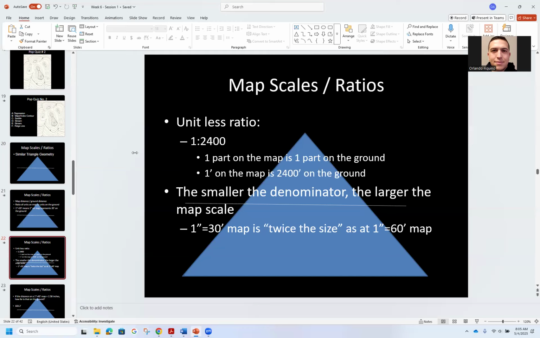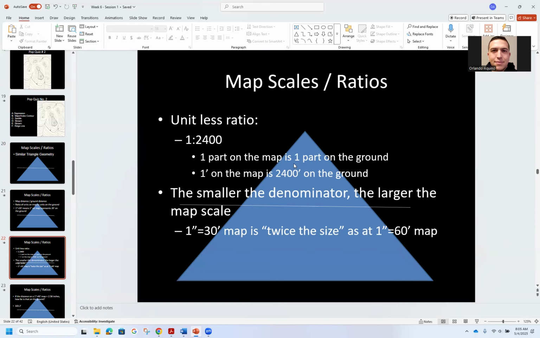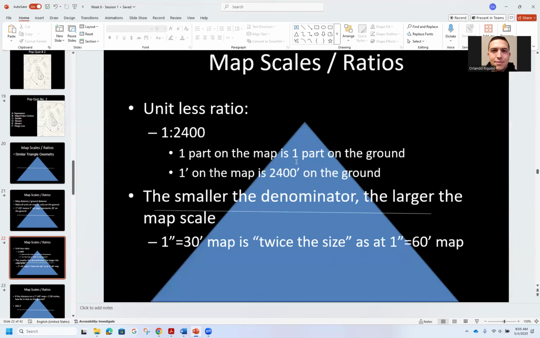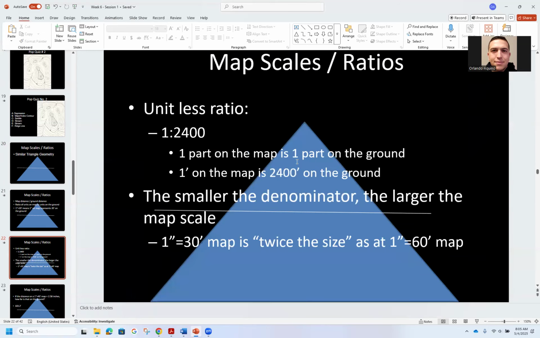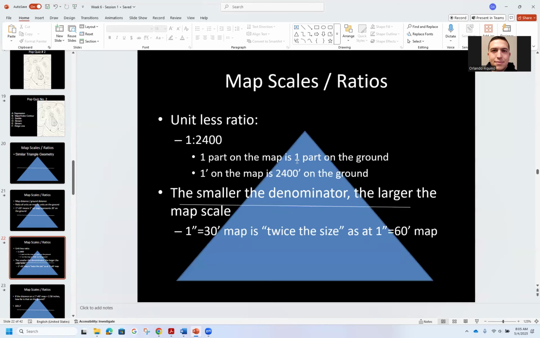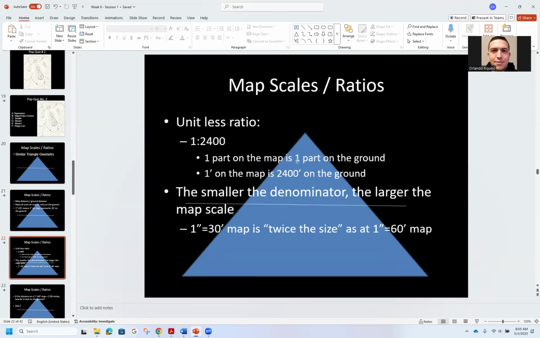So again, 1 inch equals 30 feet means the map is twice the size of a 1 inch equals 60-foot map. It's like when you hit Control and zoom with your wheel, like what I'm doing right now, you can see the bottom percentage climbing up, and then I'm bringing it back down, right?